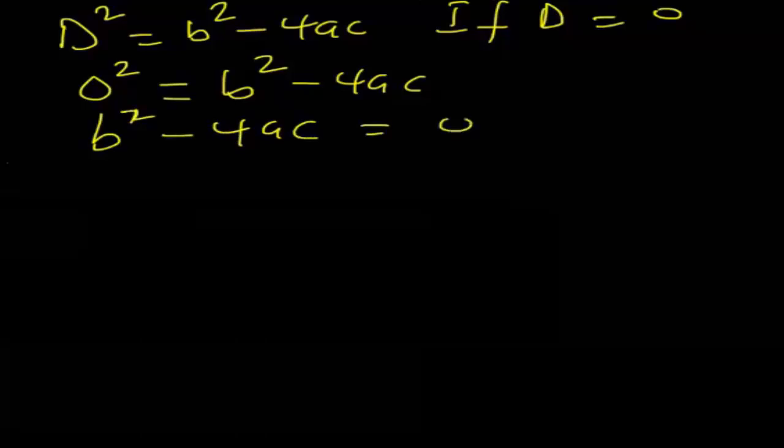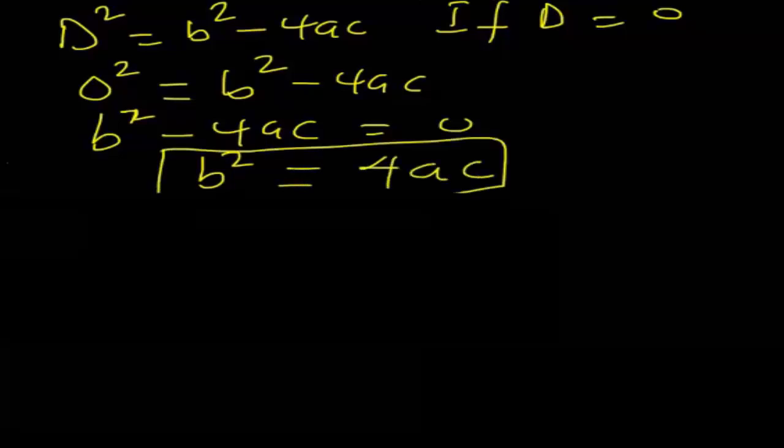Transferring 4ac, it becomes b squared equal to 4ac. This condition holds if the equation is a perfect square. So this is what we use to solve perfect square questions.